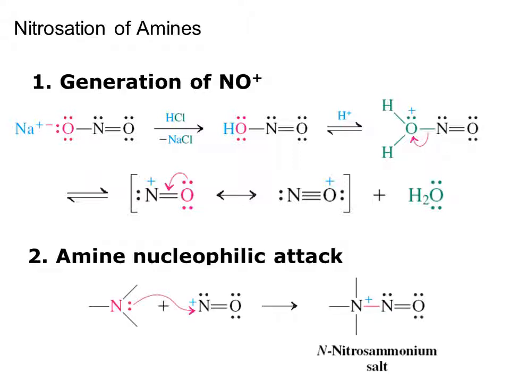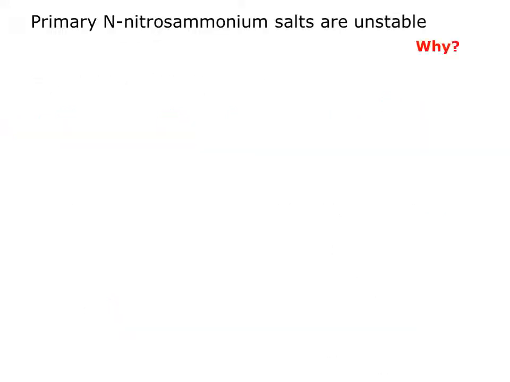This is when our amine is going to act as a nucleophile, come out creating that N-nitrosammonium salt, with that first nitrogen being a quaternary nitrogen. It's not going to be very stable, and we sort of use that to our advantage. Why is that?